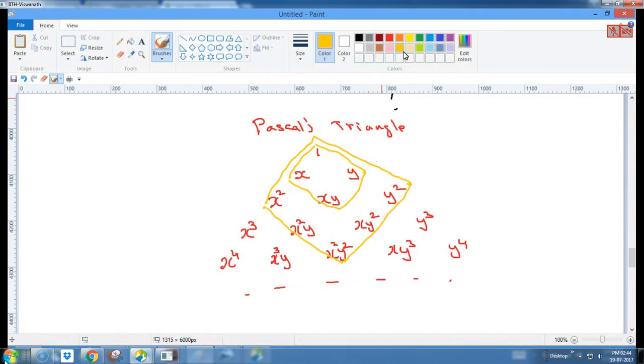If it is a triangle, I would suggest you use something like this. This is for a 3 noded triangle, and this is for a 6 noded triangle.